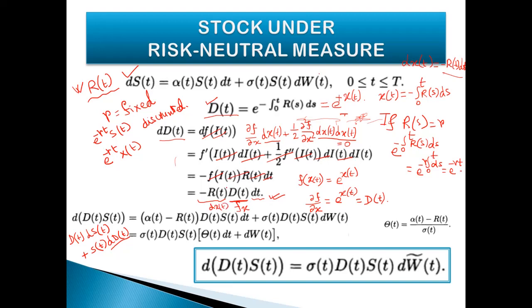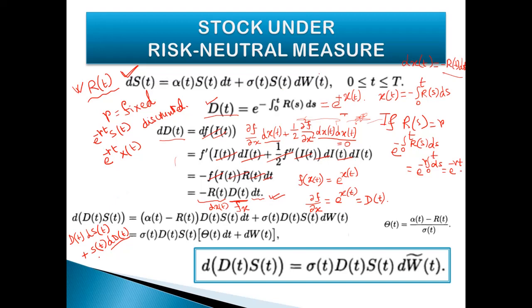Okay, so we have dD_t. Once we have dD_t, it is very simple: d(D_t S_t) is D_t dS_t. The dS_t value is here, so you write D_t multiplied by alpha_t S_t dt plus sigma_t S_t dW_t.